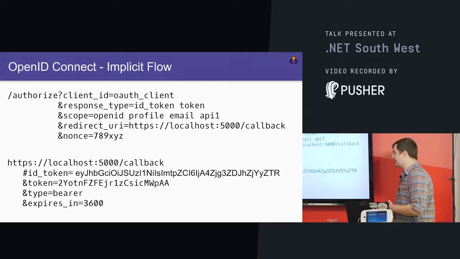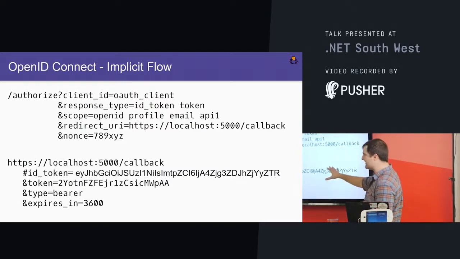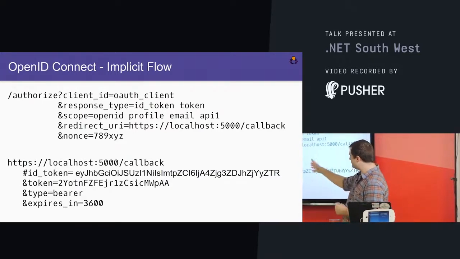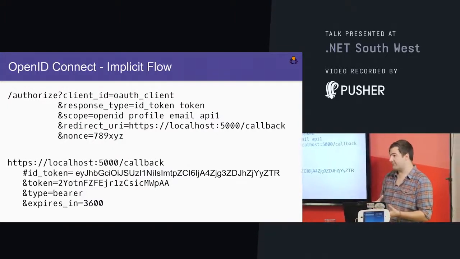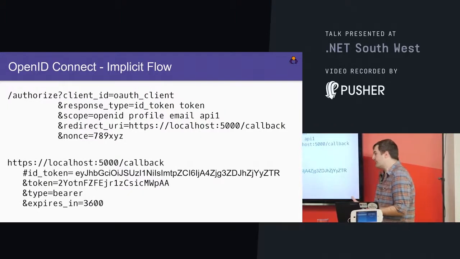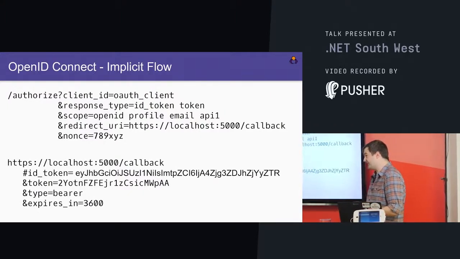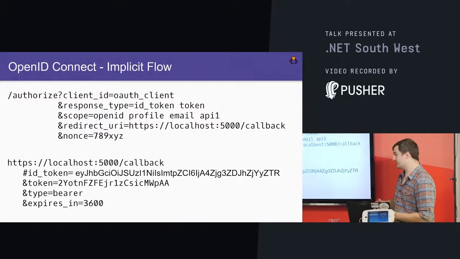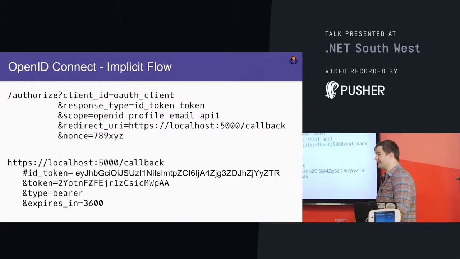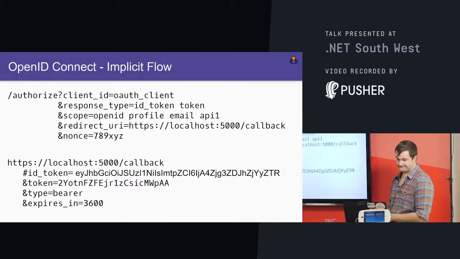With hash fragments, everything before the hash is sent to the server; everything afterwards is kept within the browser. So the user agent, the browser, is going to see the tokens. We can't really get around that, but we can stop these tokens from pinging around the internet quite so much. The alternative would be the query string, which would possibly be sent to a server, and it could even be cached, depending on what policies you're using.